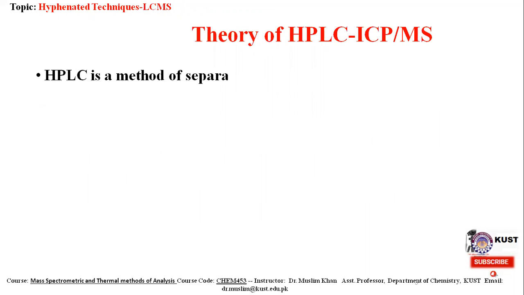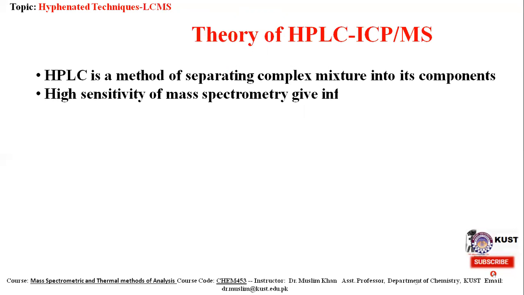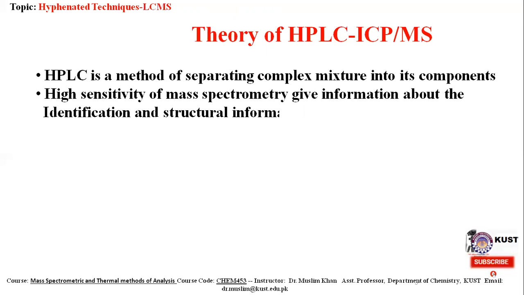So, HPLC is a method of separating a complex matrix into its components, while on the other hand, mass spectrometry has a very high sensitivity to give information about the identification and structural information of the analyte.